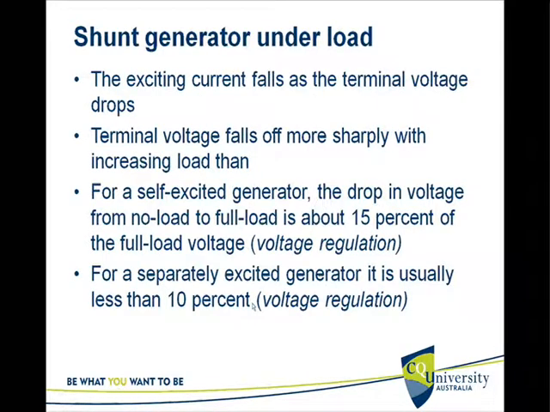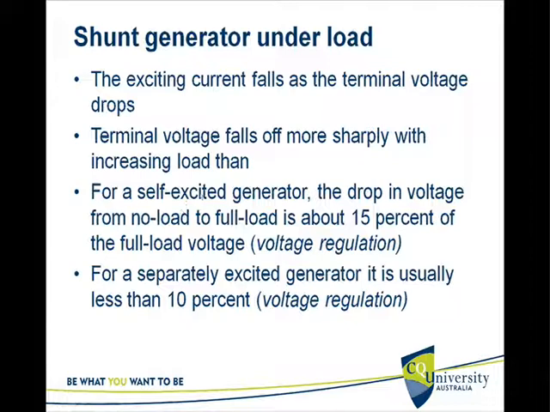And then the shunt generator under load: what happens is the exciting current falls as the terminal voltage drops, and the terminal voltage falls off more sharply with the increasing load. I've missed some text here, sorry about that.